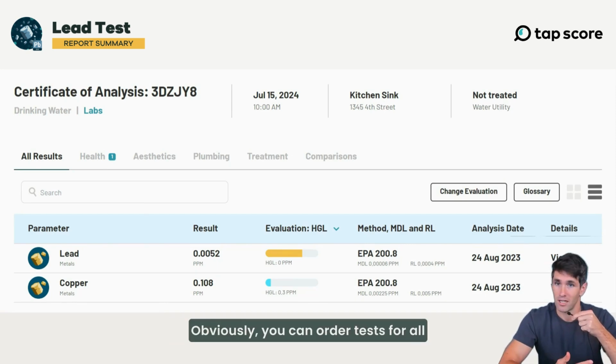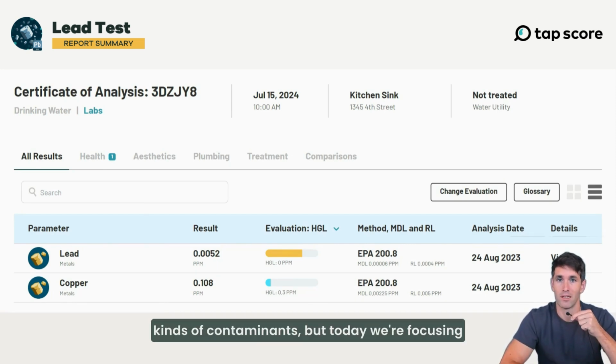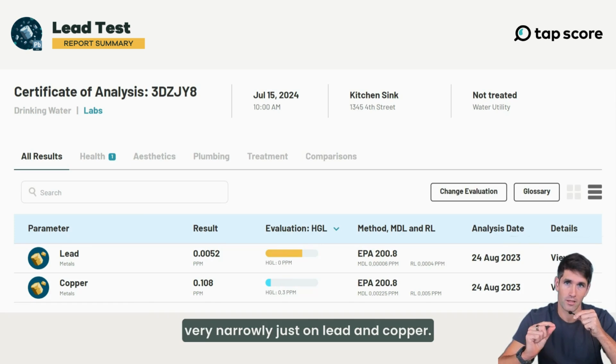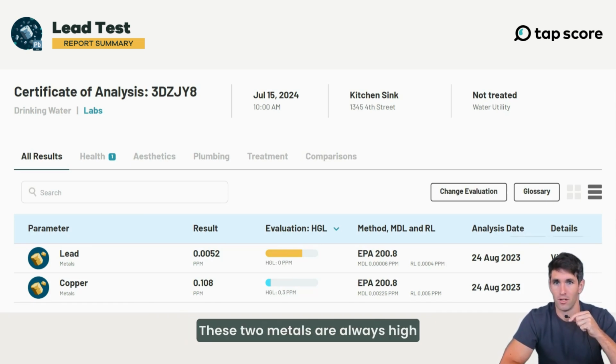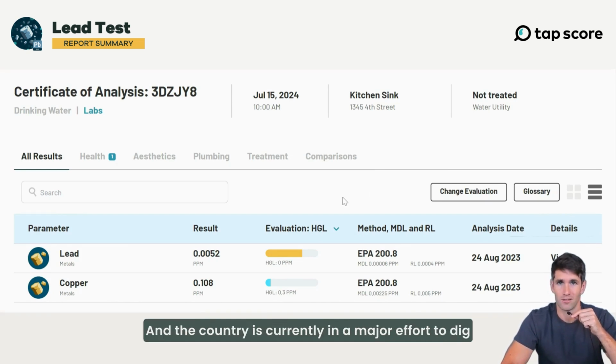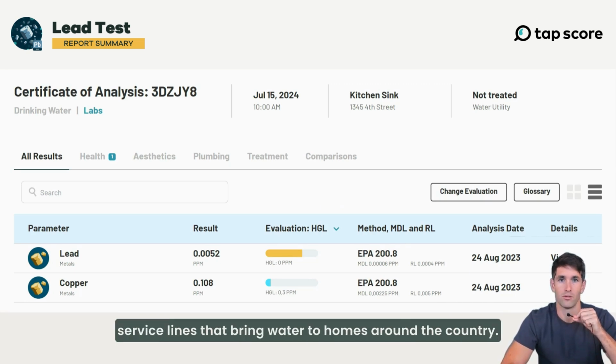Obviously, you can order tests for all kinds of contaminants, but today we're focusing very narrowly just on lead and copper. These two metals are always high conversation points in drinking water world because lead is a potent neurotoxin, and the country is currently in a major effort to identify and dig up and fix all the lead service lines that bring water to homes around the country.